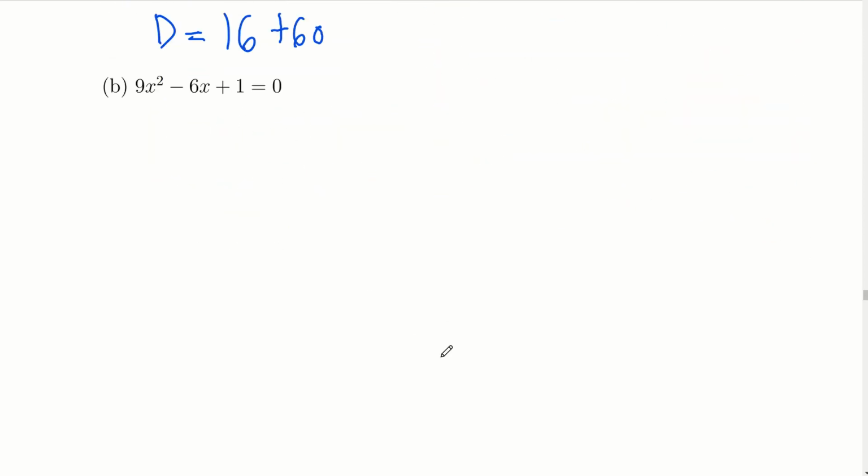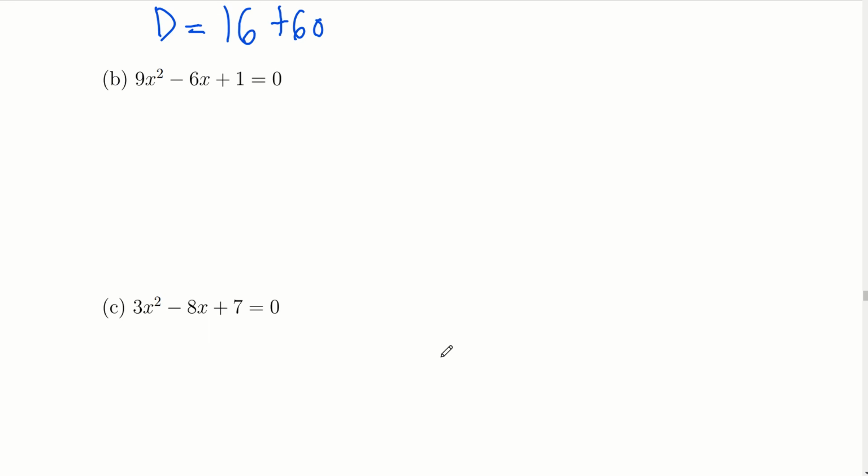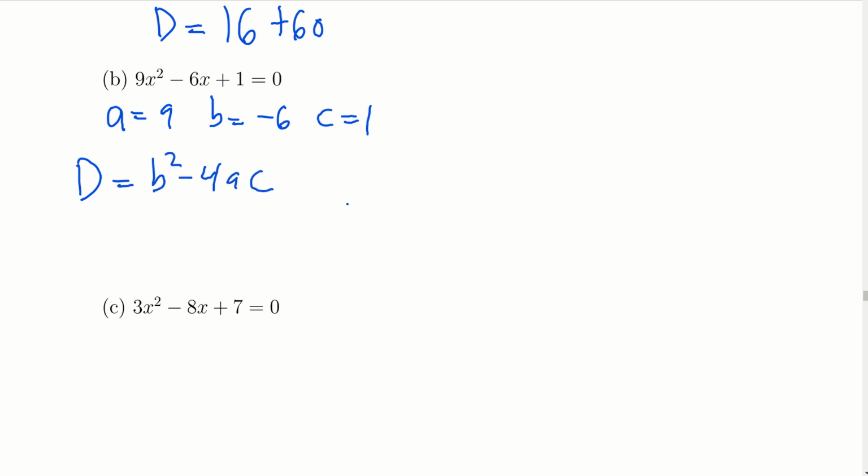Let's look at the next one. It's already in standard form. a is 9, b is negative 6, and c is positive 1. So the discriminant, again, is b squared minus 4ac. If you forget it, just remember you absolutely have to know the quadratic formula. Just know that it's the portion under the square root in the quadratic formula.